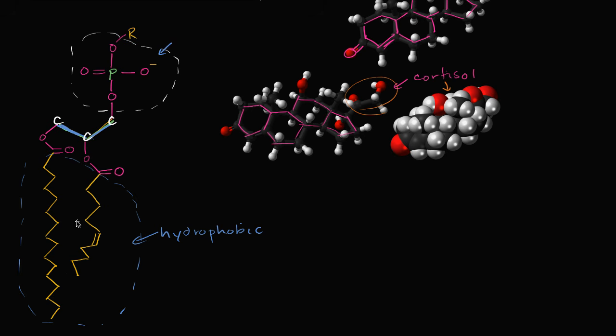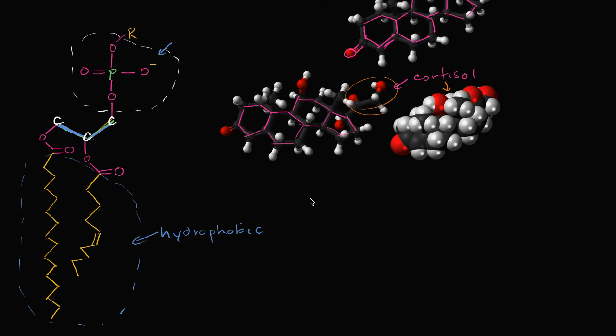And that's why phospholipids, and this is just one type of phospholipid, these chains could be different. We have an unsaturated fatty acid chain here, and then we have a saturated fatty acid chain on the left. I actually just made up this molecule, and they could be different depending on the phospholipid you're talking about. But this general property of having a hydrophilic head and hydrophobic tails makes them very well suited for cellular membranes.